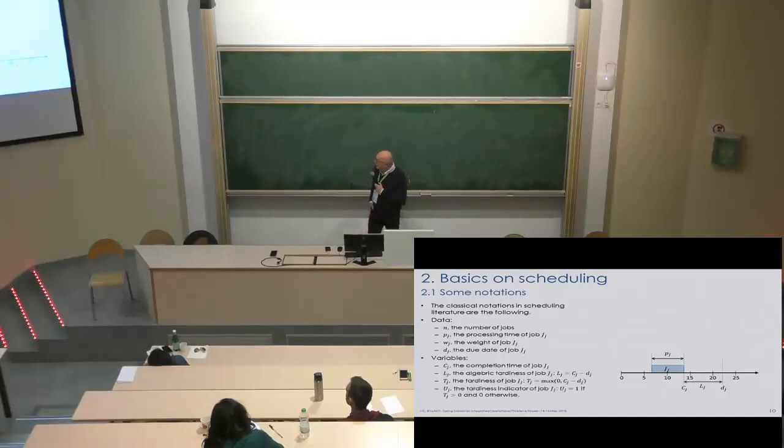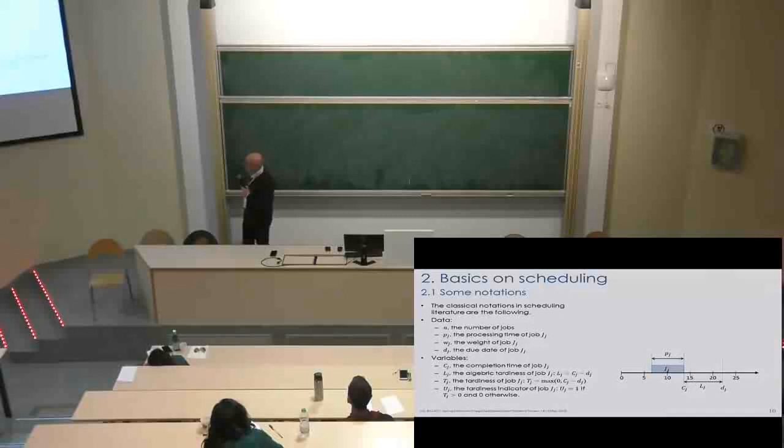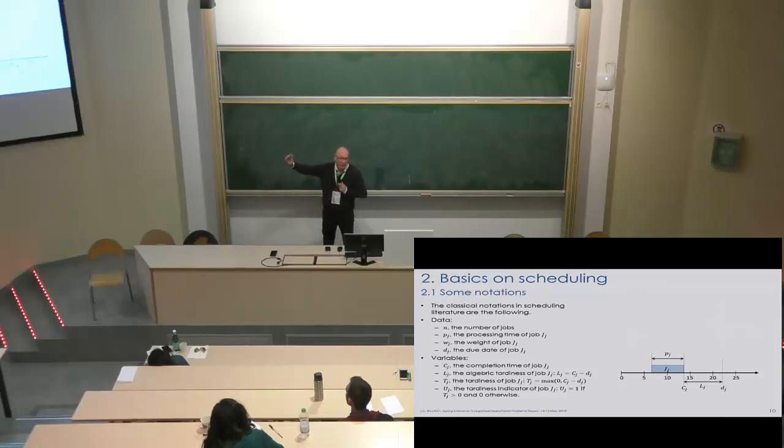And we have variables. In fact, the variables depend on one variable, which is the completion time of the job. The completion time of the job is the most important variable in the problem. It's equivalent to the starting time, because completion time minus processing time is equal to starting time in this sort of problem.